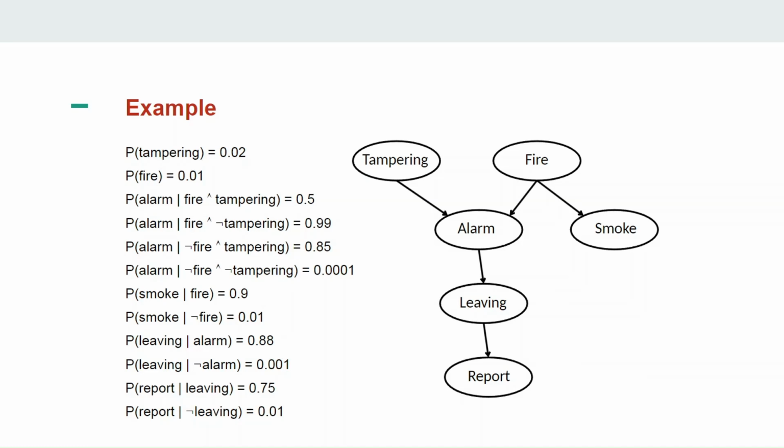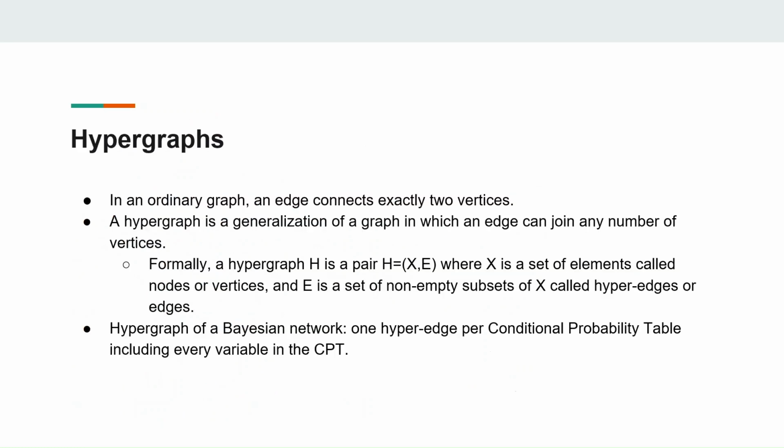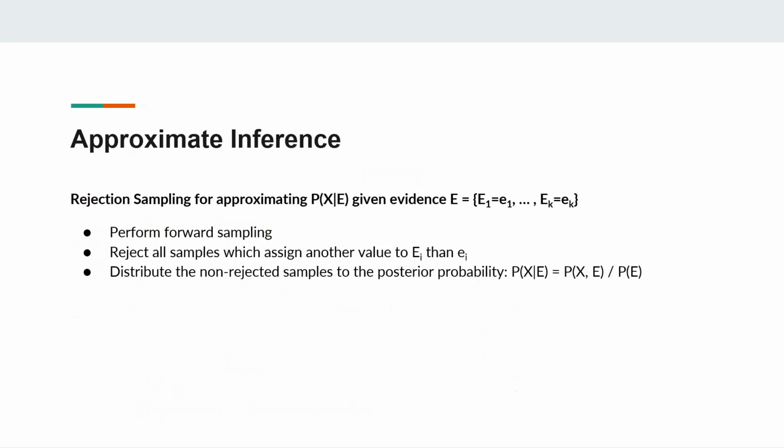Now, as someone mentioned, what happens when we have evidence? Well, let's go to that first. When we have evidence, obviously we cannot just sample everything to calculate the probability, because some samples, or most of them, will not be valid, since they go against our evidence.